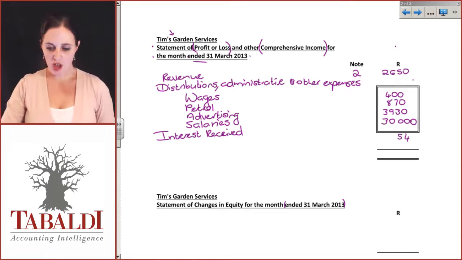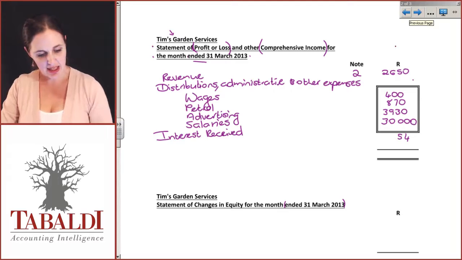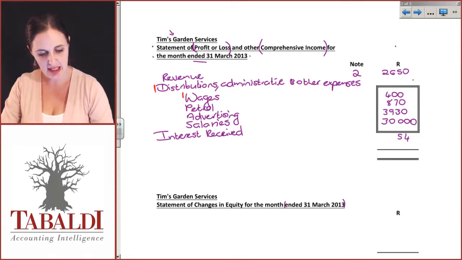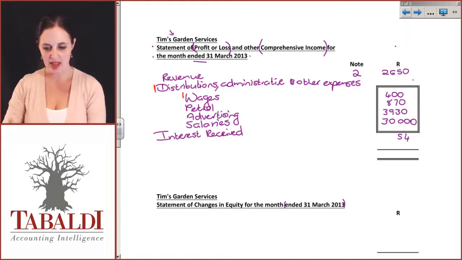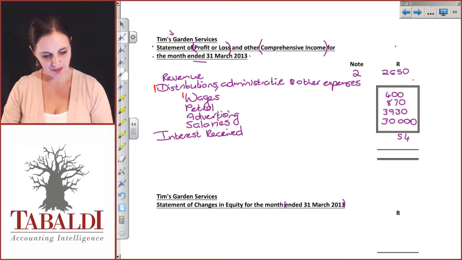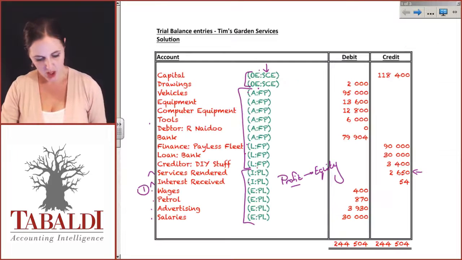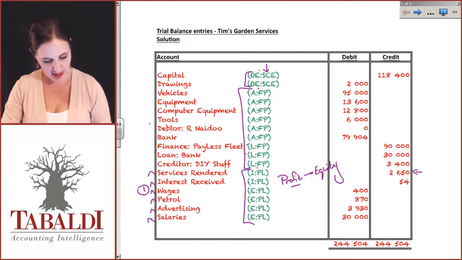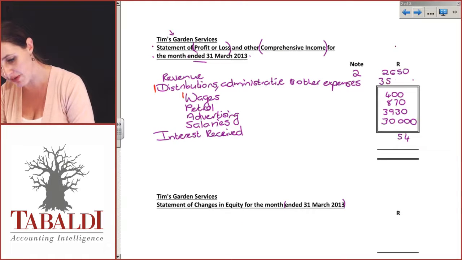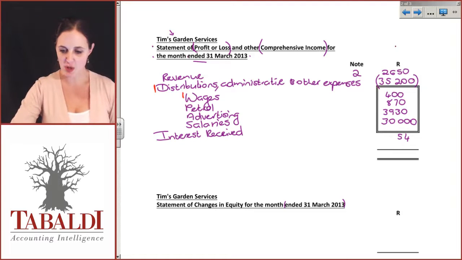So those are the total costs. You can see I'm tabbing this in slightly, just giving a little bit of an indent, and that also gives me the indication that this is part of a subtotal. I add those up. So those are all my expenses. I don't have any other expenses to record, and that's going to give me 35,200. We put a little bracket around that to indicate that that needs to be deducted.